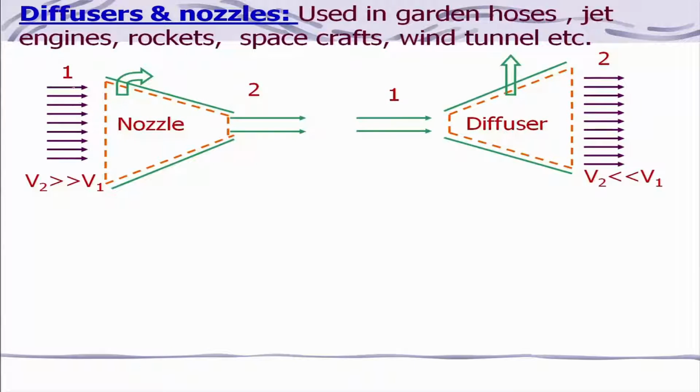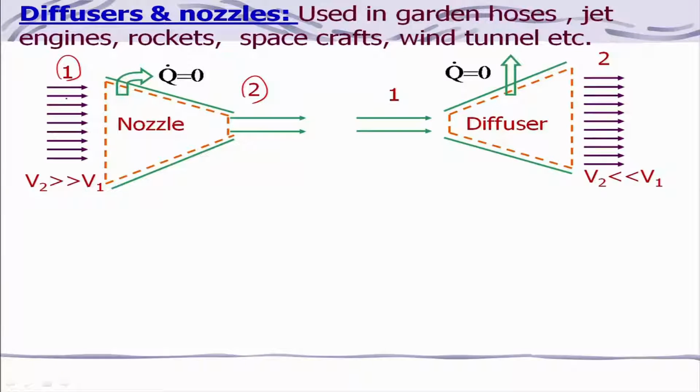So, let us consider a case of a nozzle. If the fluid is entering with a certain velocity, let us say V1, this is your station 1 we are considering, and station 2 here.